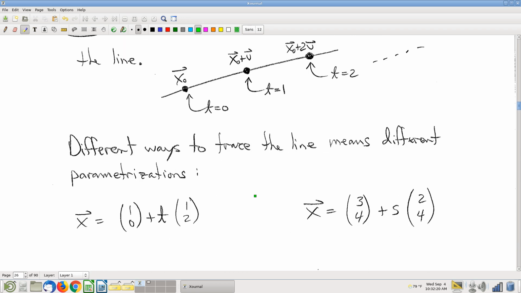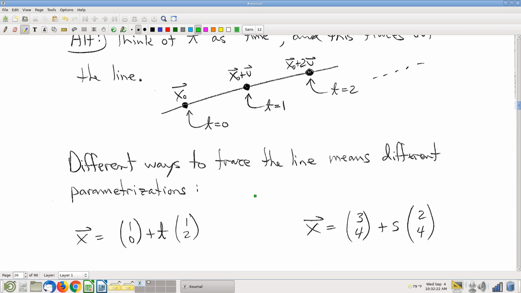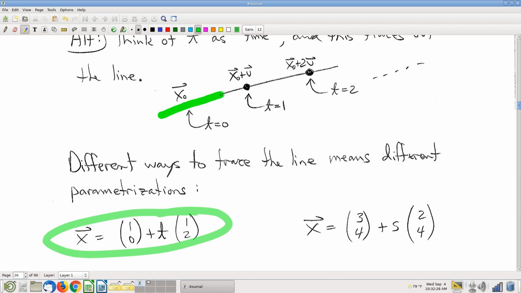Okay. Now, I want to recognize there's different ways that I can draw out this line. This parameterization here is this drawing of that line. But look, I could draw that line faster. Same line, just drawing it faster. It's still talking about the same line, still generating all the same points.